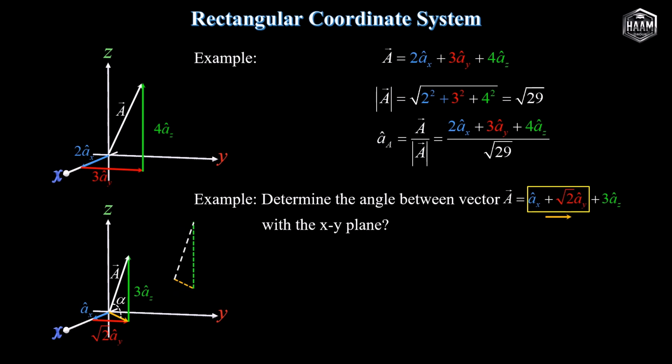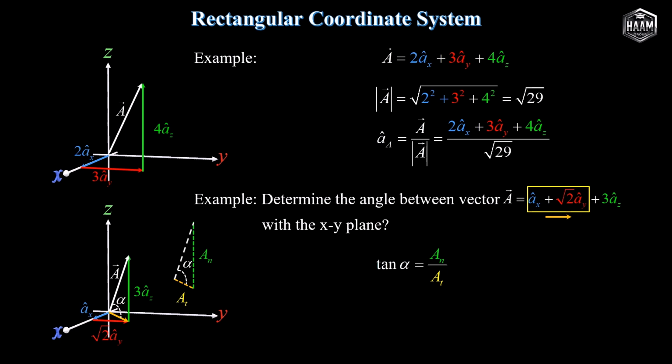Now, if we consider this right triangle, the angle in question is alpha, and we can use this relation: tangent alpha equals A_n divided by A_t.